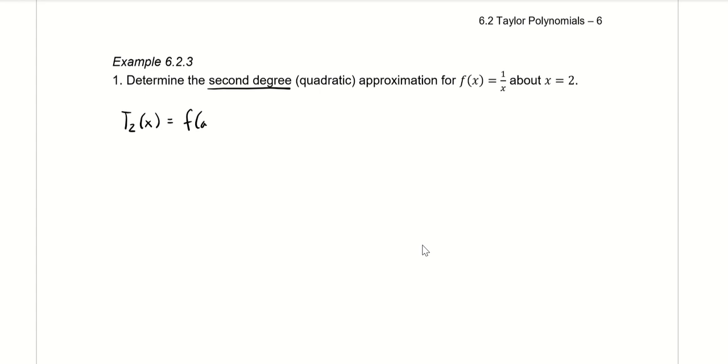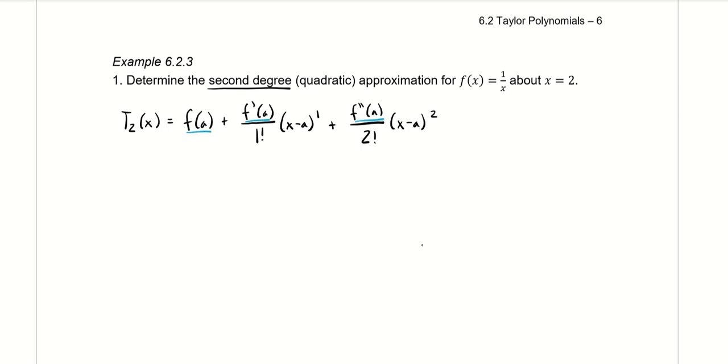This is going to be f of a plus everything involving 1, first derivative over 1 factorial times x minus a to the 1, plus everything involving 2, second derivative at a over 2 factorial times x minus a squared. And that's where I'm going to stop, right? It's just the second degree polynomial, second degree approximation. That's the end for the second degree, the quadratic approximation.